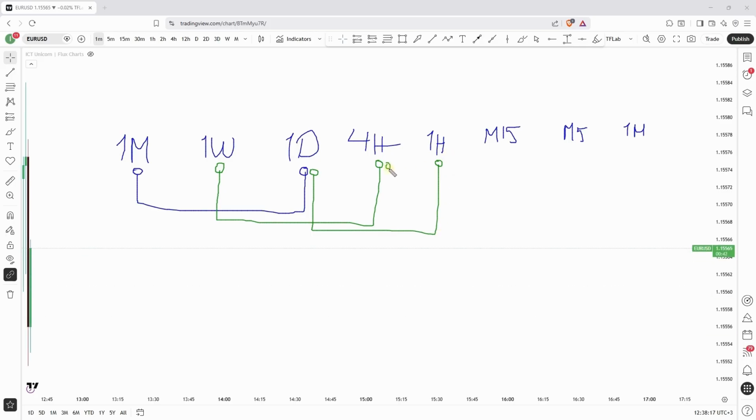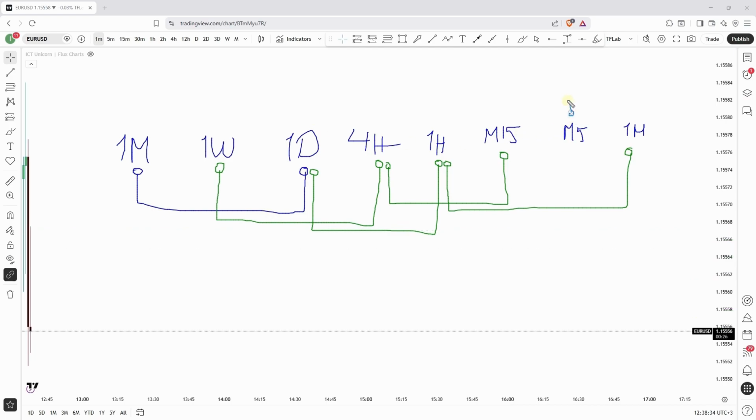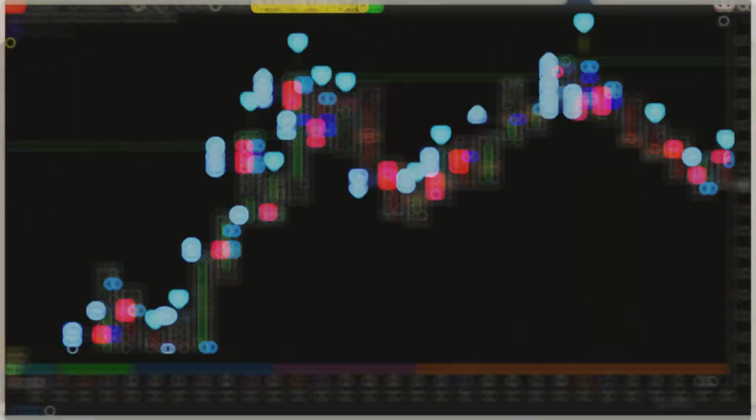Similarly, the 4-hour chart is used for the 15-minute time frame and the 1-hour chart for the 1-minute time frame. It's the same for the 5-minute chart, meaning if I want, I can also confirm on the 5-minute time frame. I need to look at the 1-hour chart, and the 1-hour chart is based on the daily chart. So this is exactly how the arrangement of the various time frames works.